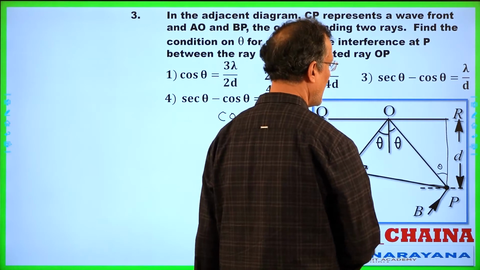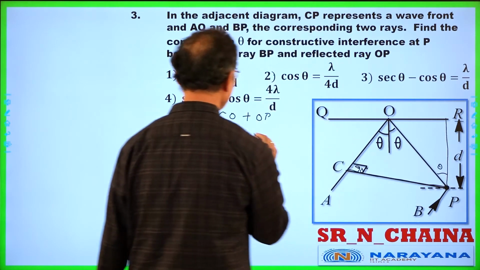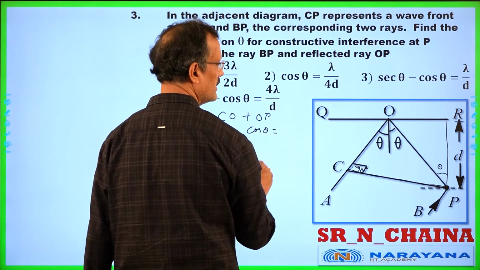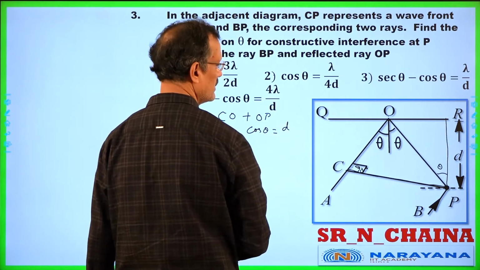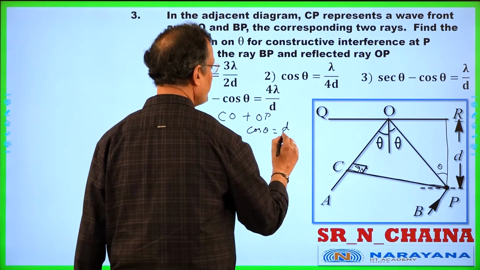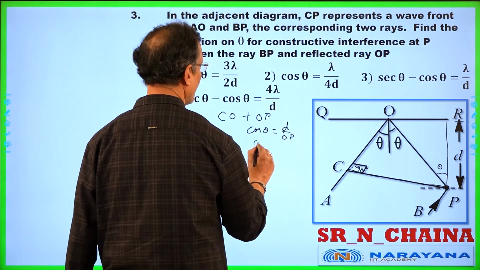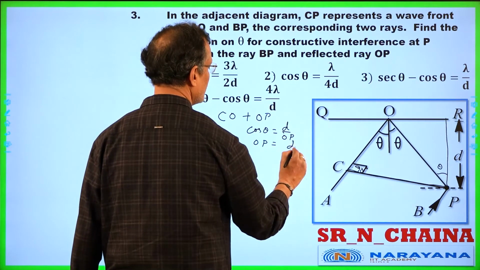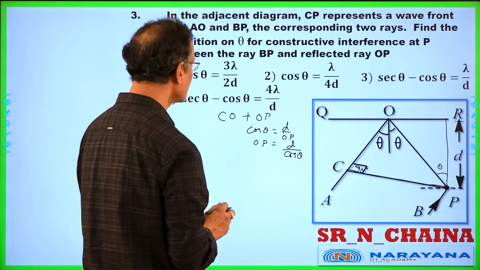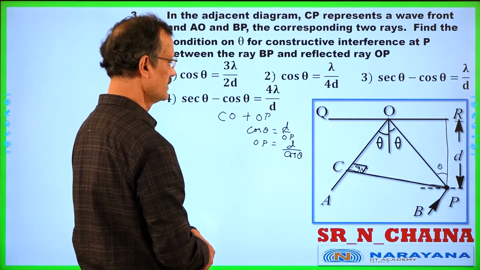They have given you this distance. So if I go for cos theta, this will become D. cos theta equals D by OP. OP will be equal to D by cos theta. So OP is ready for you.